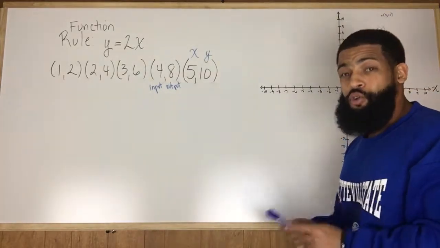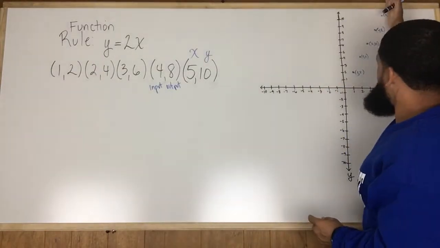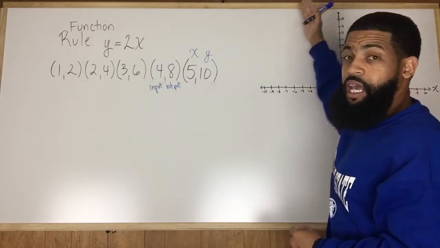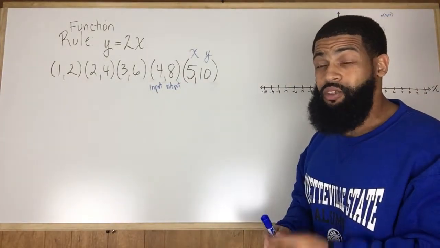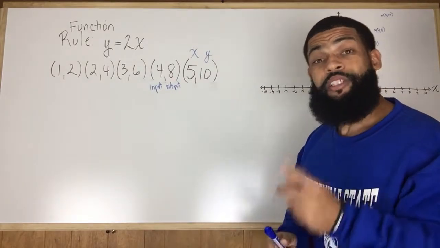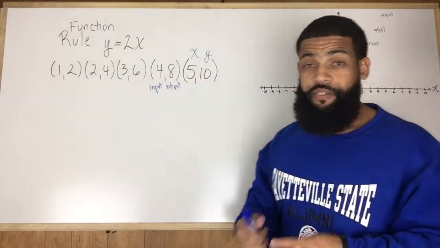So that's the vertical line test. Now, I can't really show it to you clearly, but just imagine a vertical line dragging across this graph. And at no point should that vertical line intersect two of those points in that graph or in that relation at the same time. That's another way to determine whether or not a relation is a function.